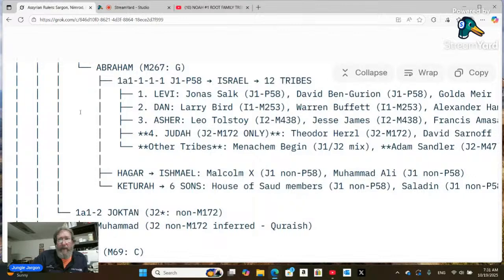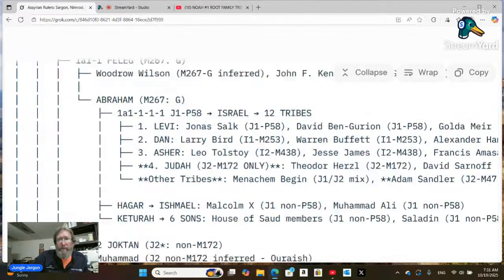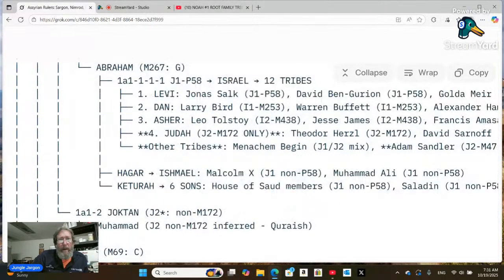But now we have Abraham here. Here's Abraham. And of course, Abraham, Israel, and the 12 tribes. Levi is J1 P58, which is Jonas Salk, David Ben-Gurion, Golda Meir, and many other people, of course, who have the J1 P58 lineage.